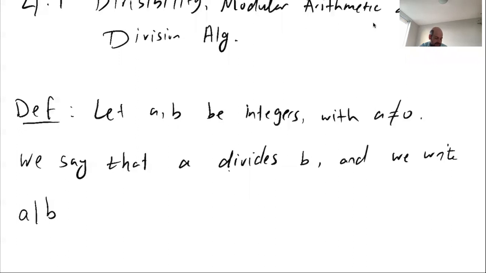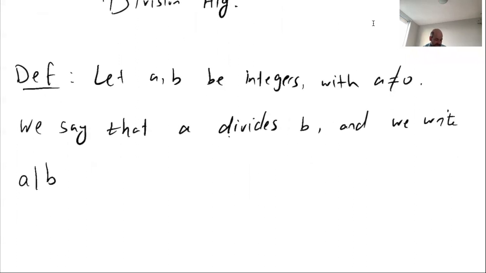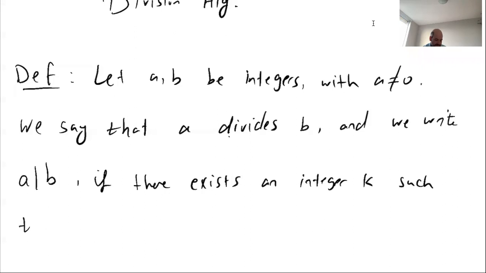So in general, we can say A divides B if there is an integer k such that B is equal to k times A, right? For example, 3 divides 12 because there is a number 4 in that case, where 12 can be written as 3 times 4. So we write A divides B if there exists an integer k such that B is equal to kA.